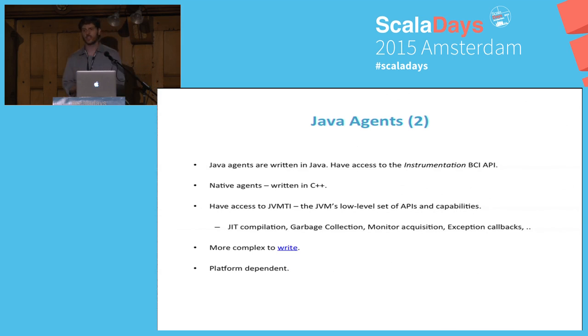Locking, synchronization: you can tell it, whenever somebody locks this object, give me a callback, and the JVM will direct a C++ call to you. Whenever an exception gets thrown, I want to know about it anywhere within the application and where it's going to get caught. So powerful tools are available here. The APIs themselves are not very easy to consume. They're kind of cumbersome, but if you get hold of them, they're very powerful.